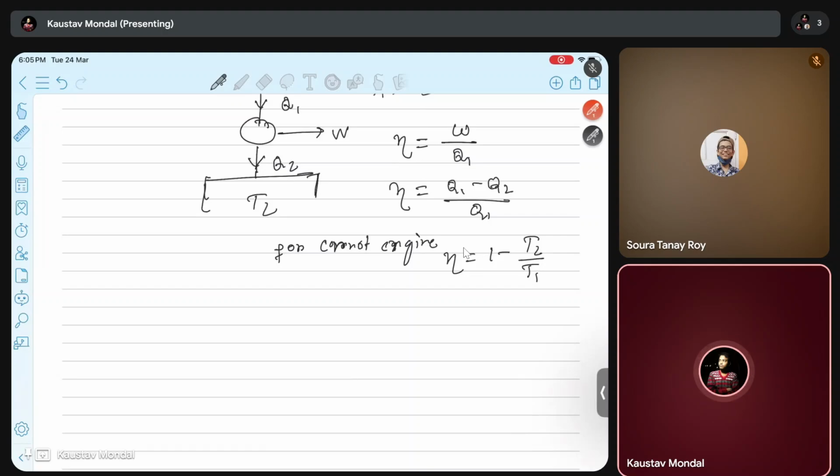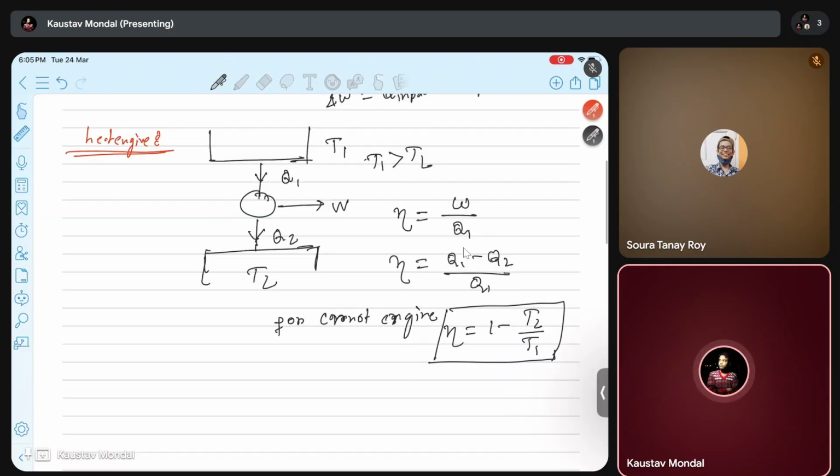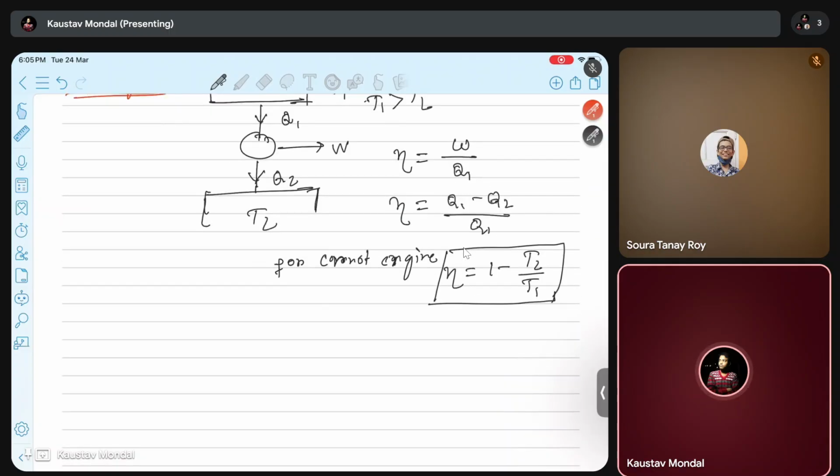If the engine is an ideal engine or a Carnot engine, in that case the efficiency would be 1 minus T2 by T1. This is the maximum efficiency that a heat engine can achieve. If it is operating between temperatures T2 and T1, the highest efficiency that a heat engine can achieve is given by this formula. Okay, and this is the general formula.